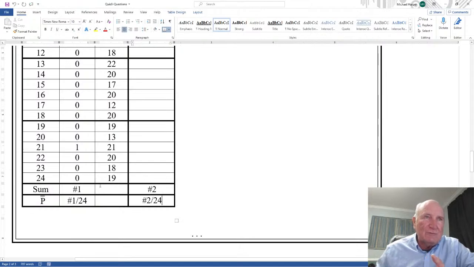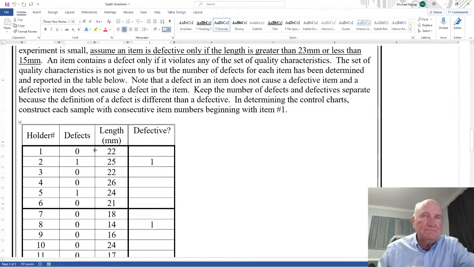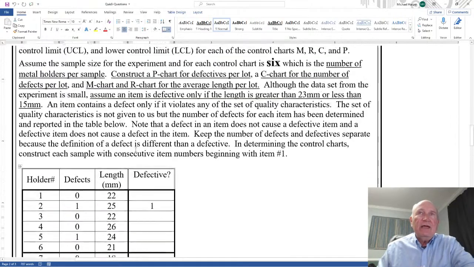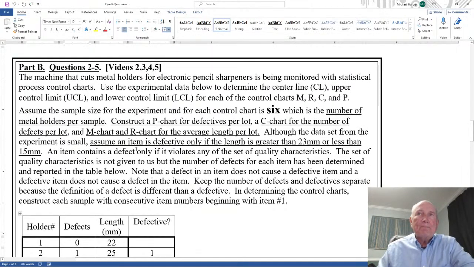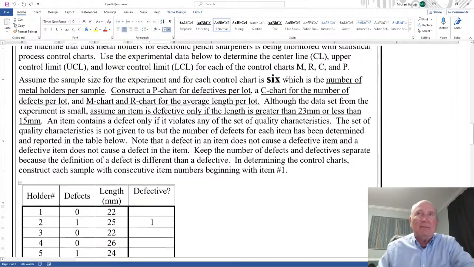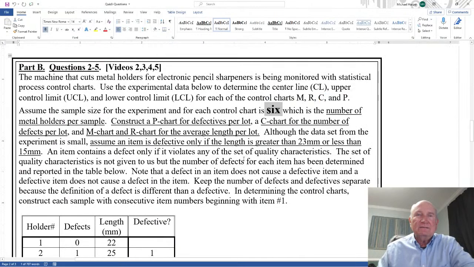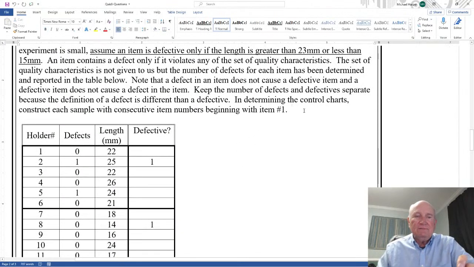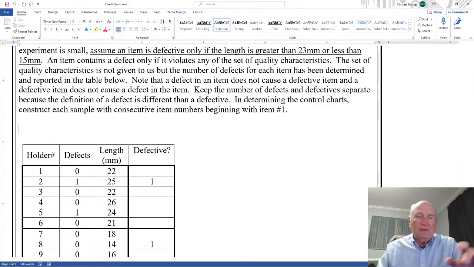Hopefully you're seeing what I'm saying here. So there's your P bar for your P chart and your C chart. Now next, and the sample size is 6. So let me put that here to make sure you know that n equals 6.